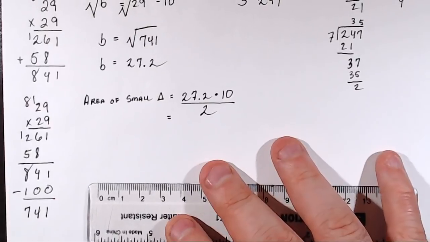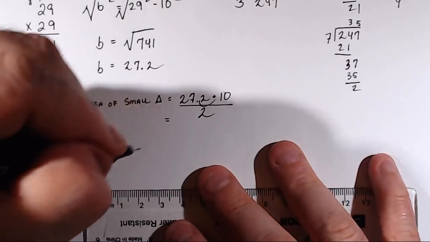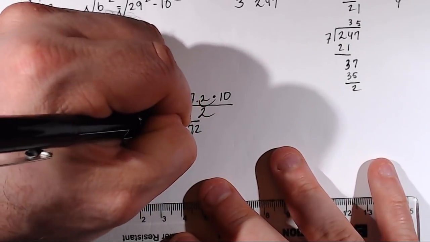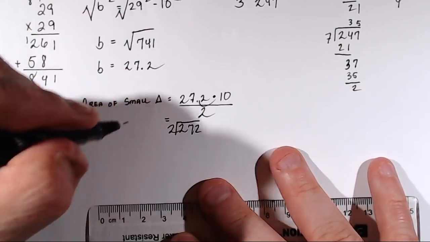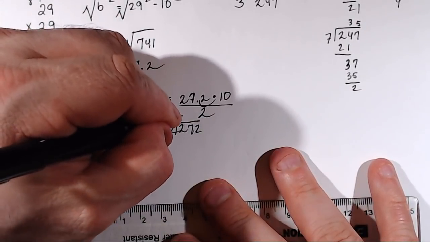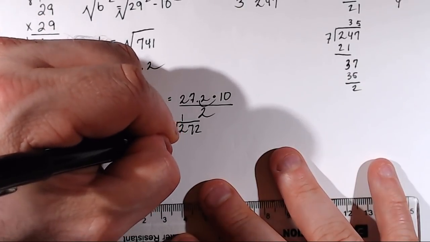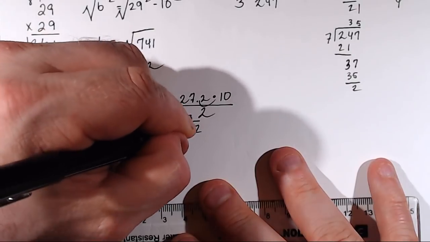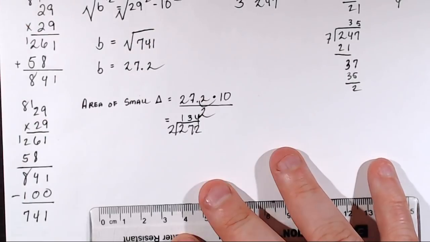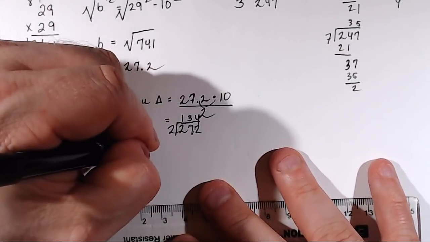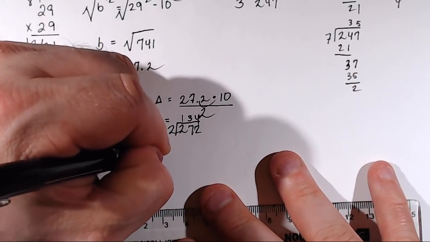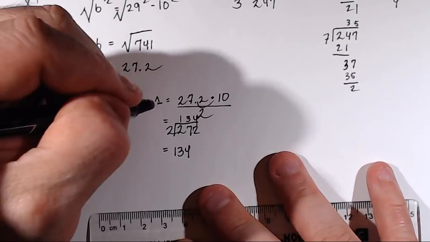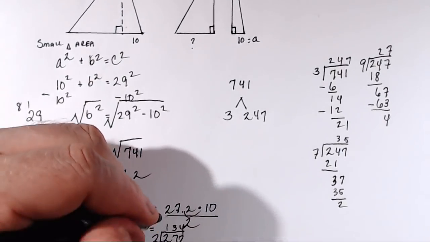So that's 272 divided by 2. And you got 1, okay, 7, it goes in 3 times, and then 4, 134. So 272 divided by 2 is equal to 134, and that is what dimensions?